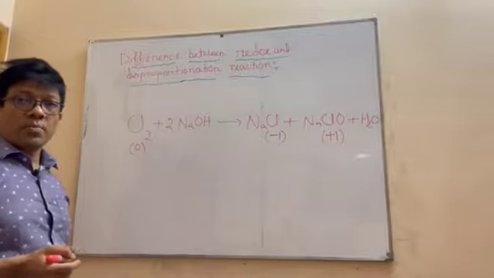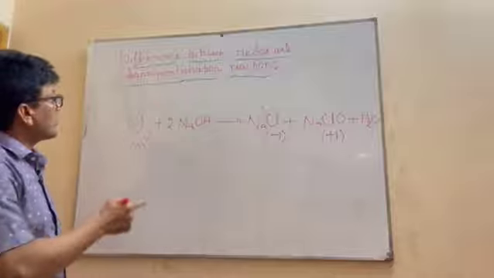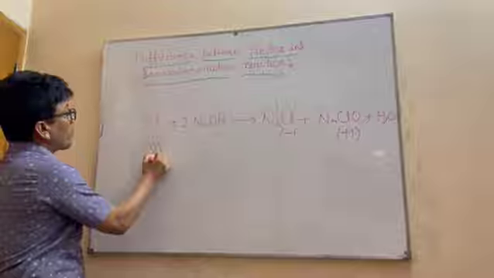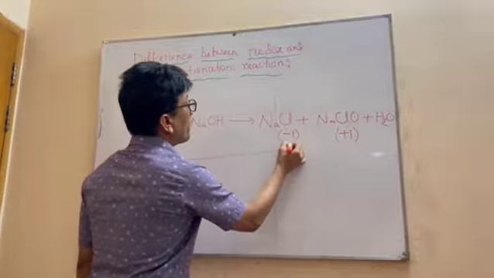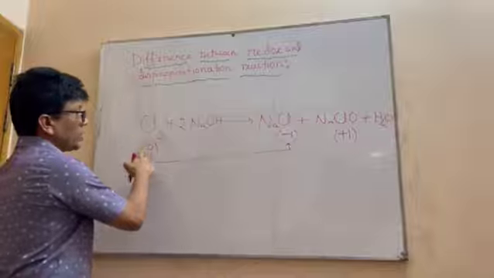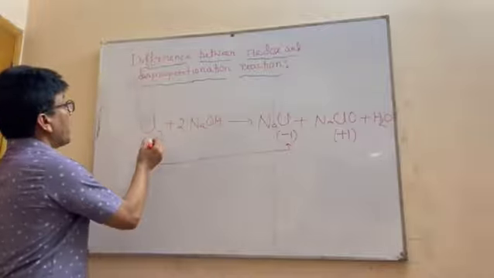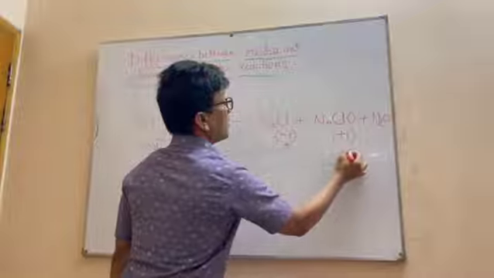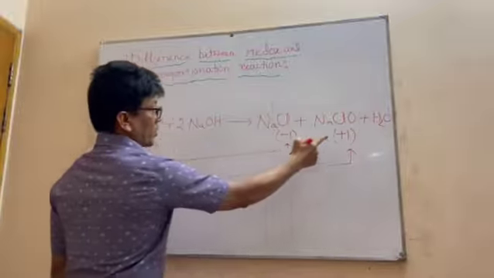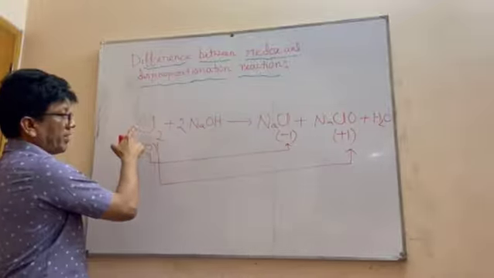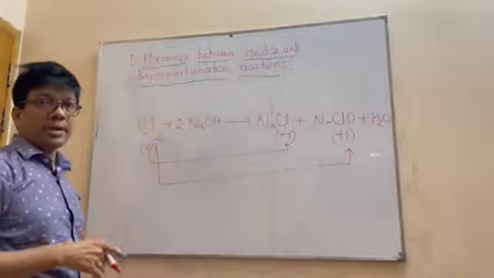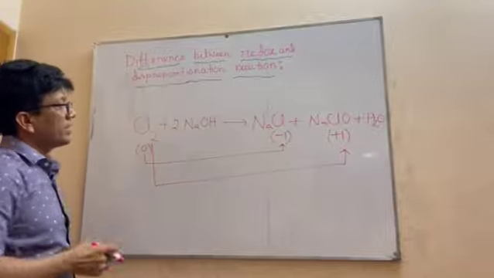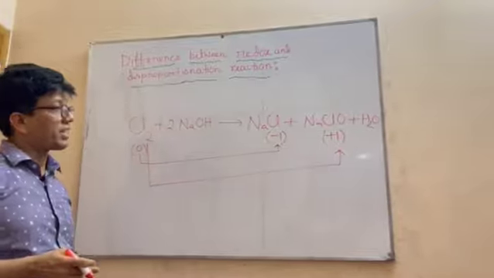This is a disproportionation reaction because chlorine is reduced from 0 to -1, meaning oxidation number decreases, and similarly chlorine is oxidized 0 to +1. So the same element, chlorine, is simultaneously oxidized and reduced. That's why this is known as a disproportionation reaction.